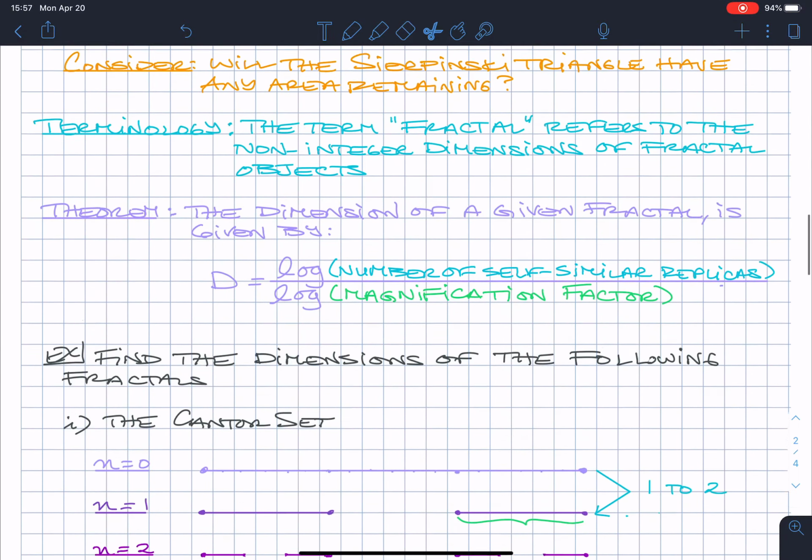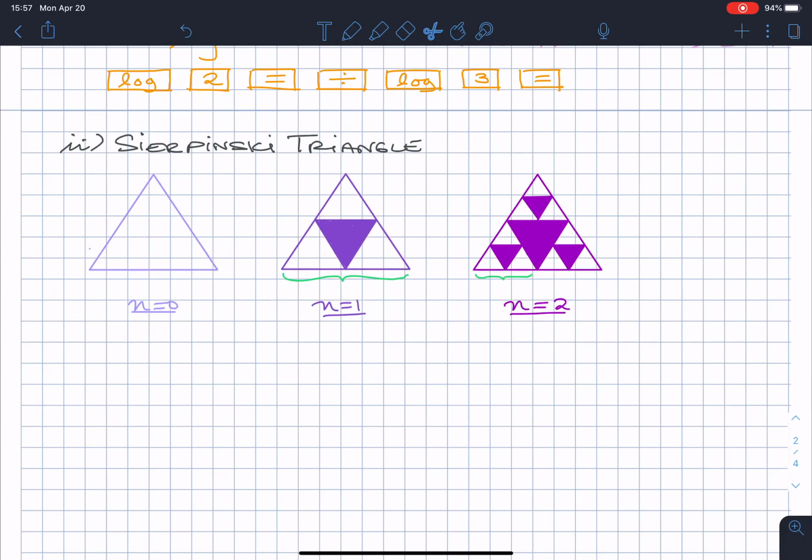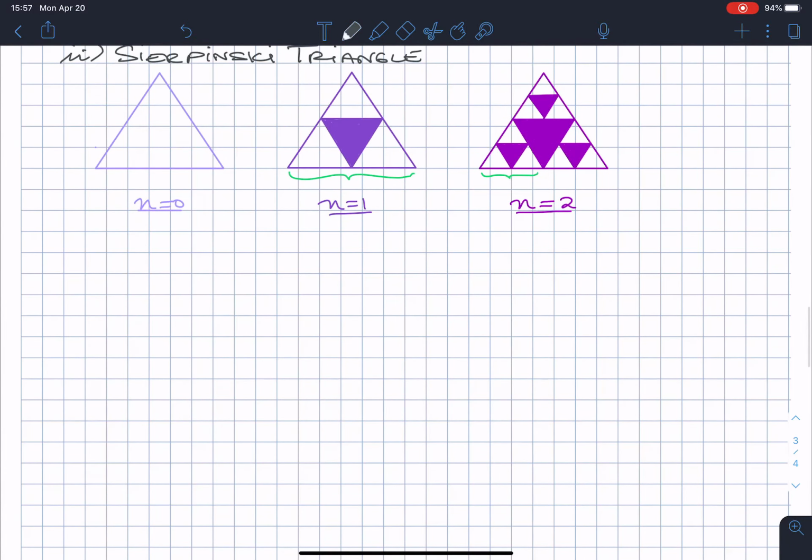Copy and paste. Okay, so do you agree that I went from one to 3 triangles, going from step 1 to step 2? So each triangle becomes 3 at each iteration.